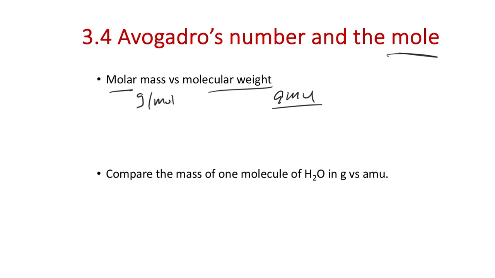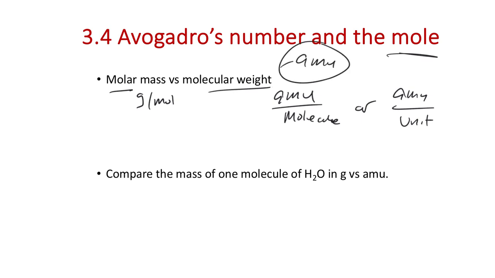It's the AMU per molecule, or the AMU per unit, the mass of the unit of that substance. Often we just write this as AMU, and the per molecule or per unit is understood.